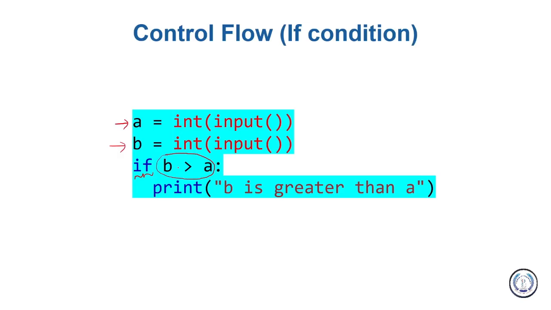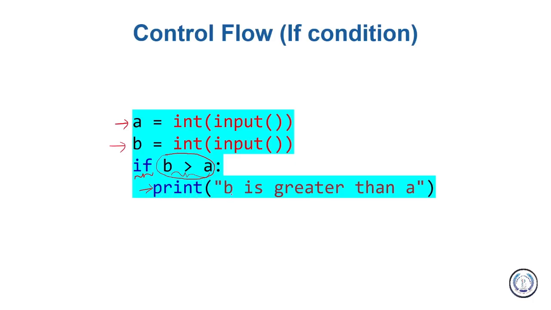If this comparison results true, remember the comparisons return Boolean values, if whatever the result of this operation is true, then you go into this block. And whatever the statement inside is, do that.